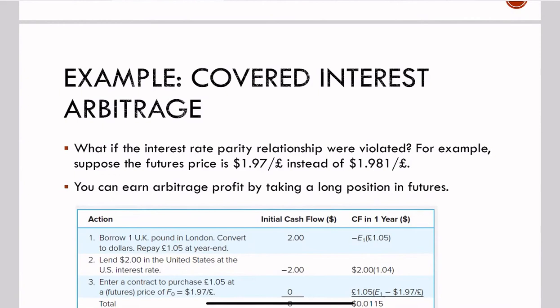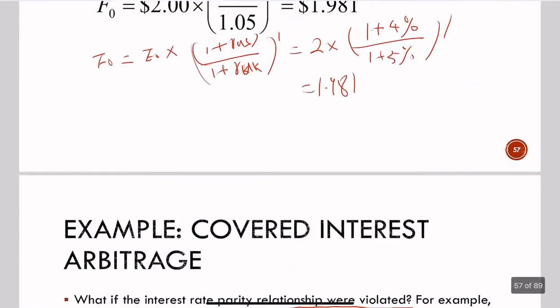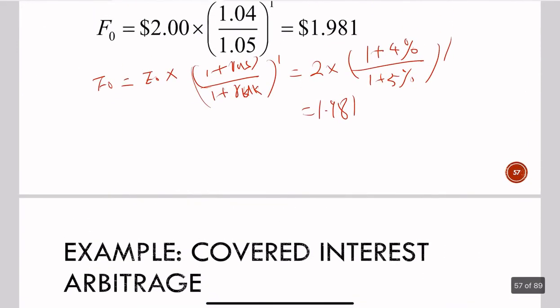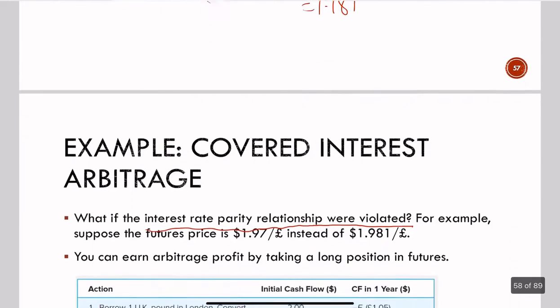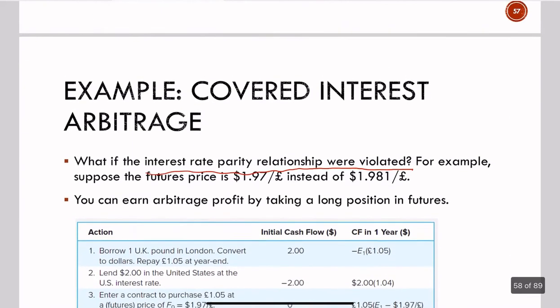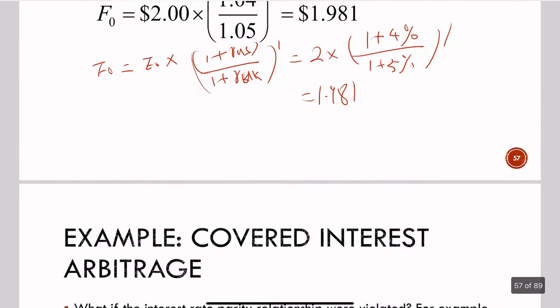Now let's look at this covered interest arbitrage. So let's assume the interest rate parity theorem were violated. For example, suppose the futures price is actually 1.97 instead of 1.981. So basically you can see that if the futures price is 1.97, we will get this result.